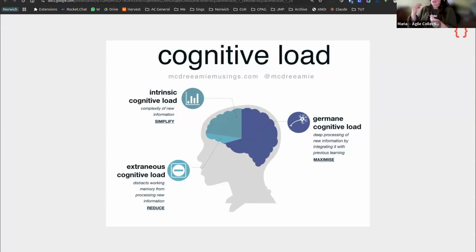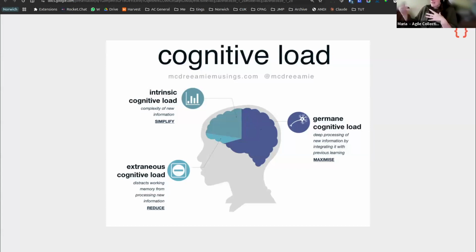So intrinsic is the complexity of the task at hand. If there's new information coming in, how complicated is processing the new information that's in front of me. So that's one thing that's going on. There's extraneous cognitive load. So what else is going on in my brain?